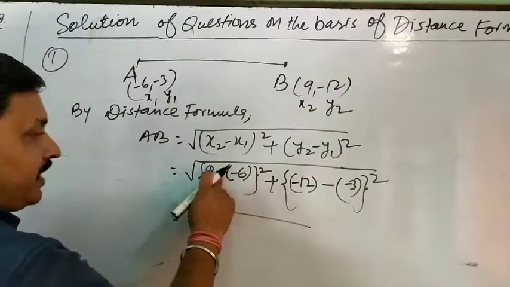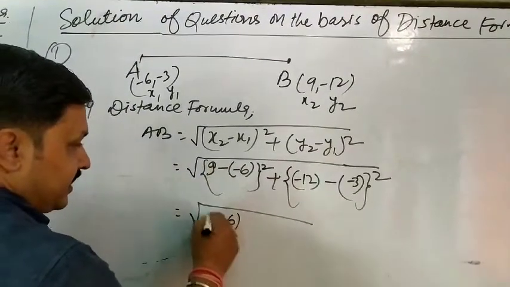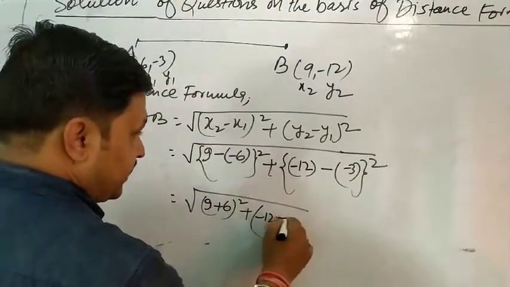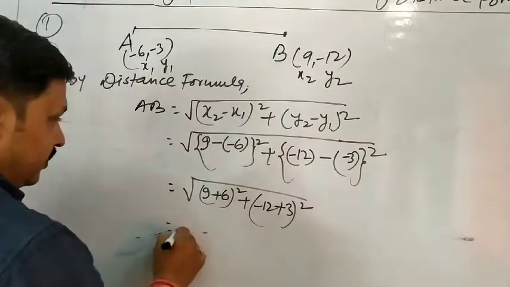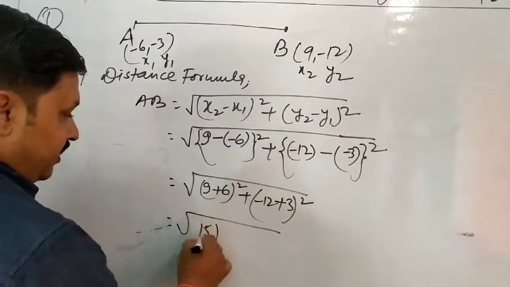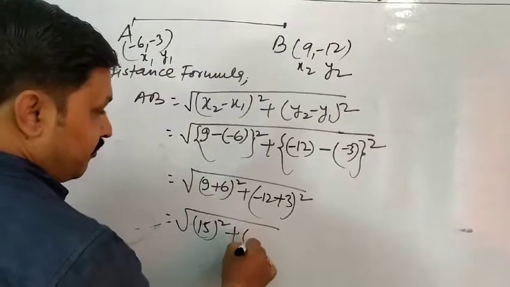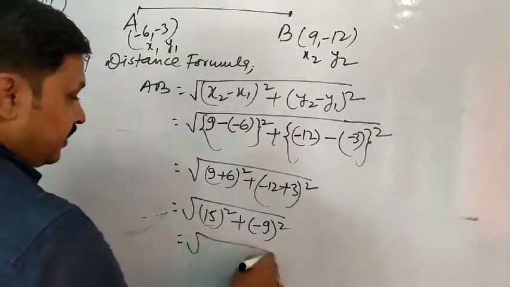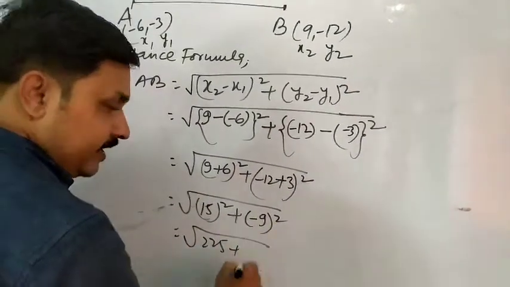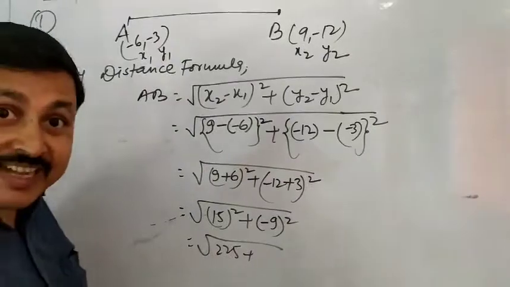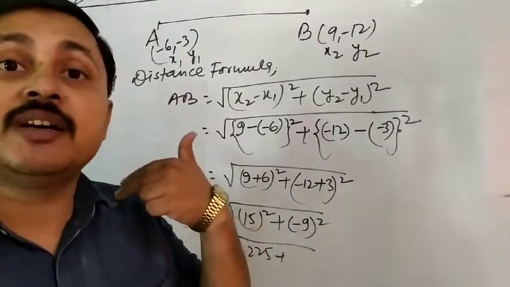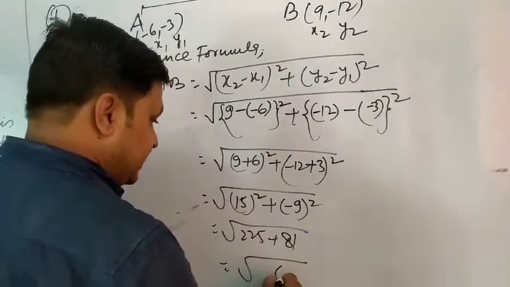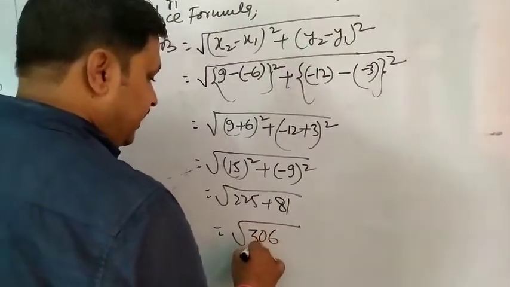So that is 9 plus 6, the whole square, plus minus 12 plus 3, the whole square. So 15 the whole square plus minus 9 the whole square. Here the square of 15 is 225 and the square of minus 9 is plus 81, minus into minus gives plus. That means 225 plus 81 is 306.